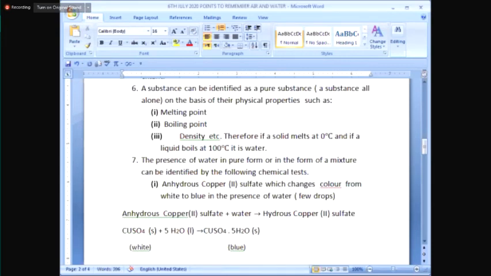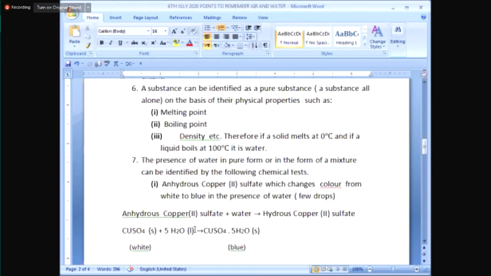I'm writing the state symbols also along with the formulas, and it will give us CuSO4.5H2O, and this will change its color from white to blue, and the physical state of hydrated copper 2 sulfate or hydrous copper 2 sulfate will be solid, because we have added a few drops of the mixture which contains water.